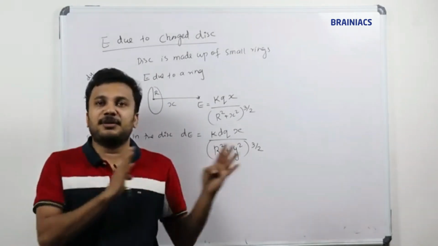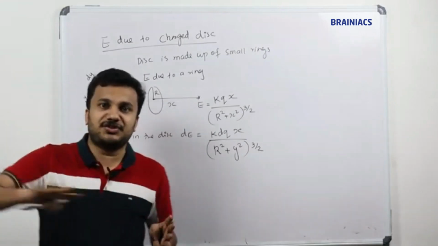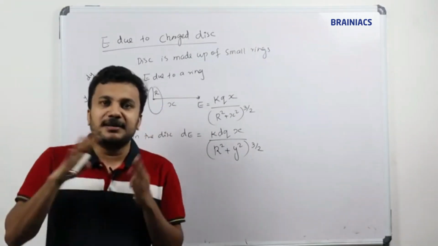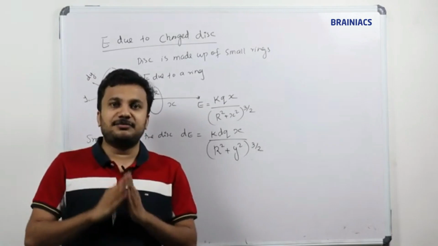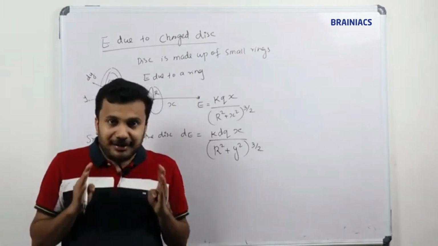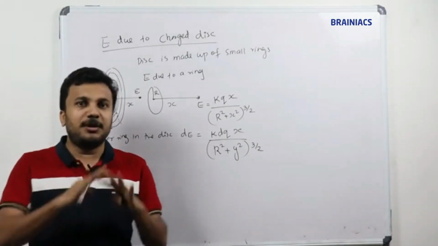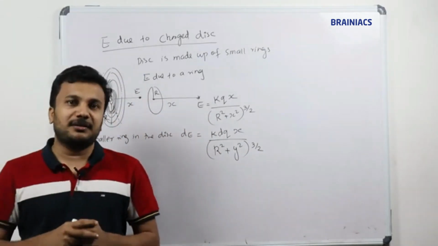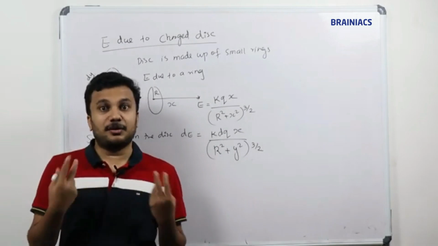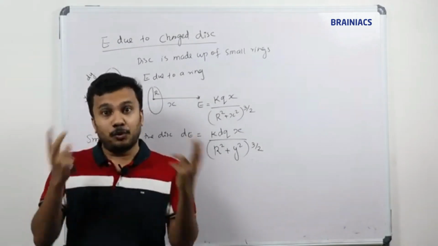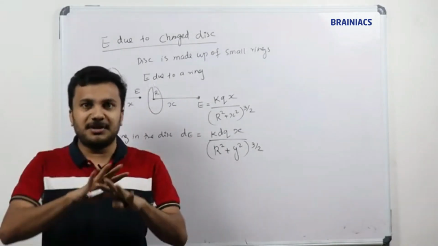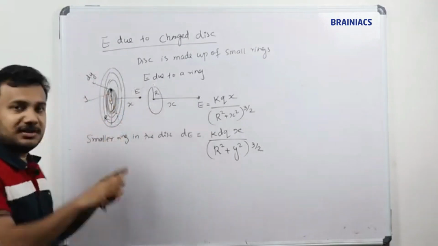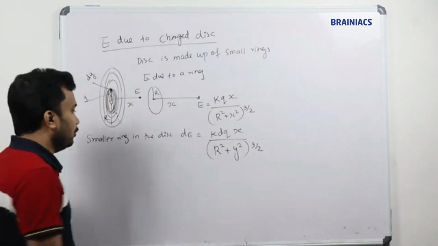Which will come into picture? If it is a surface charge, it's a sheet, so surface charge density will come into picture. Volume charge density is for a cuboid or a solid non-conducting sphere, where rho will come. For a hollow conducting sphere, sigma will come because it is a sheet. Here also it is a sheet of charge, so sigma will come into picture.